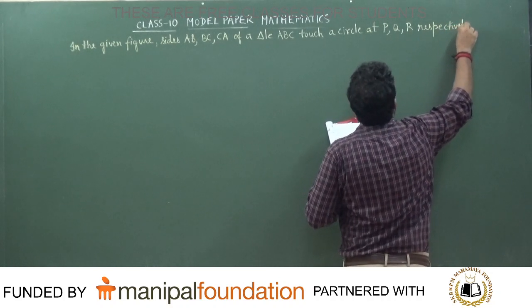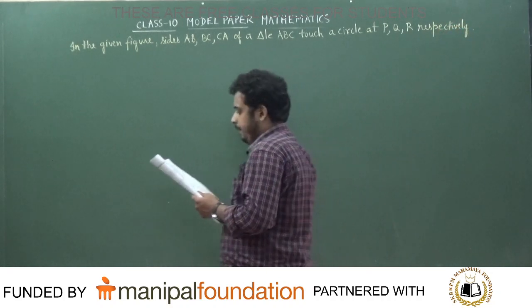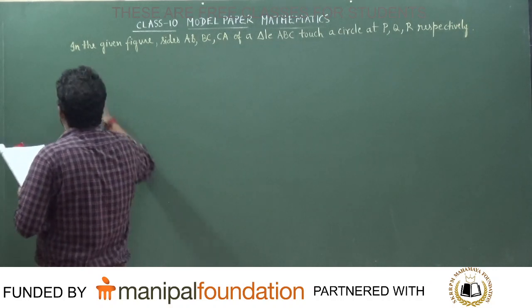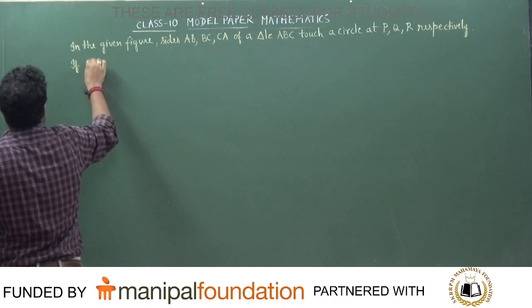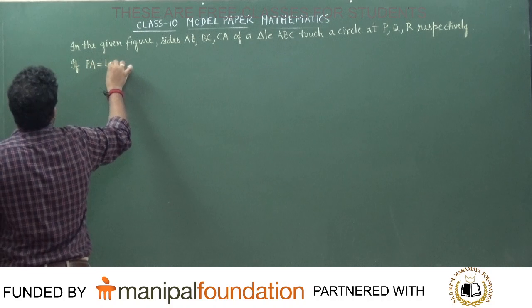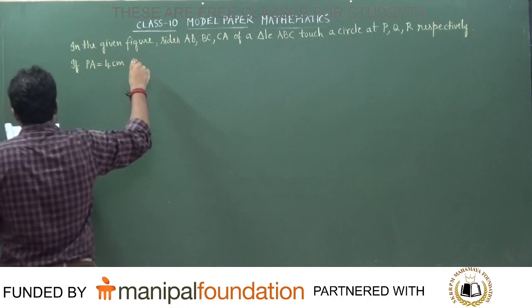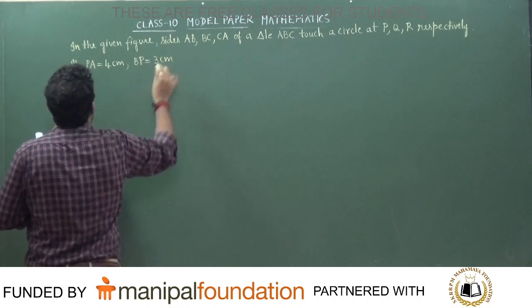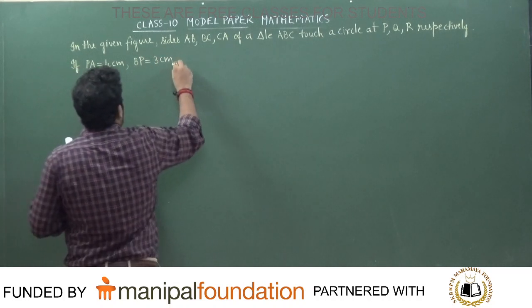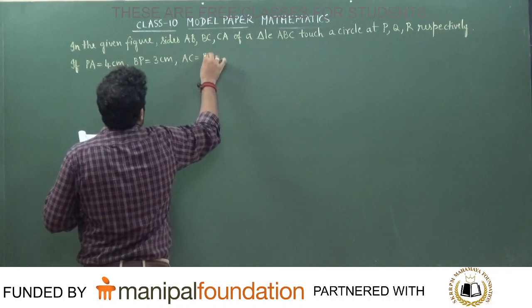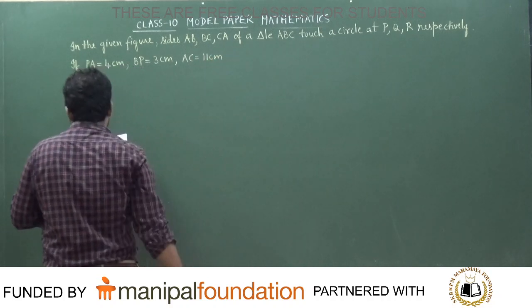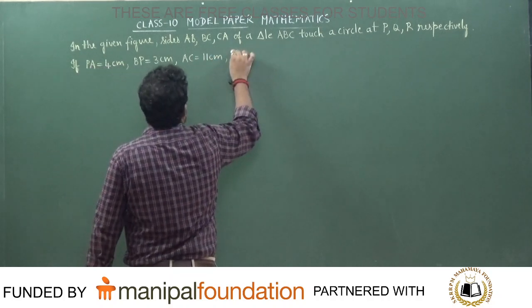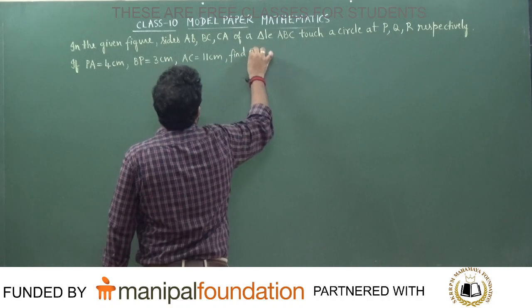Is it okay? P, Q, R respectively. If PA is equal to 4 centimeters, BP is equal to 3 centimeter, and AC is equal to 11 centimeter, find BC. Okay, find BC.